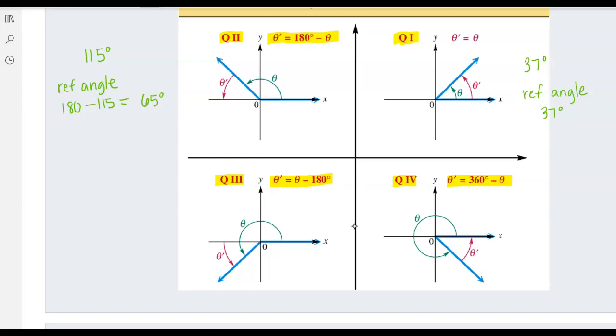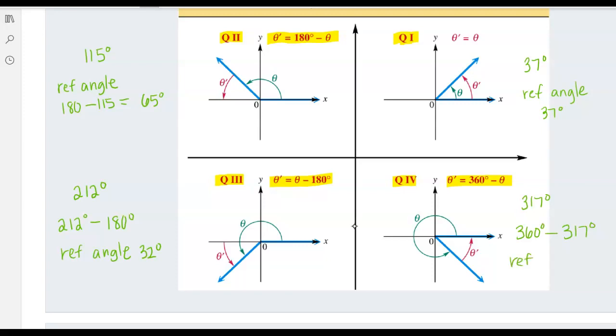If we're in the third quadrant, suppose that the angle we have is 212 degrees. We're going to take the angle we have and subtract 180 from it. So the reference angle is going to be 32 degrees. And in the fourth quadrant, suppose we're at 317 degrees, we're going to take 360 and subtract the angle.